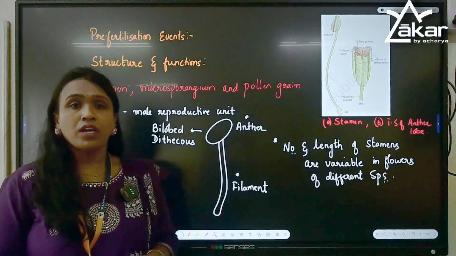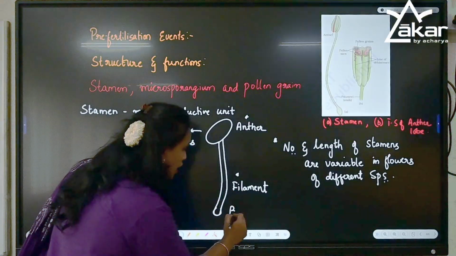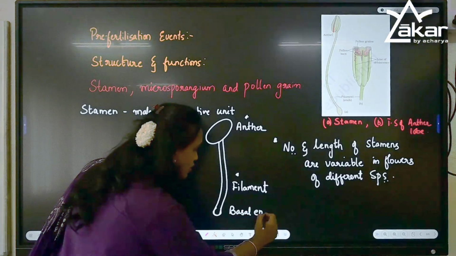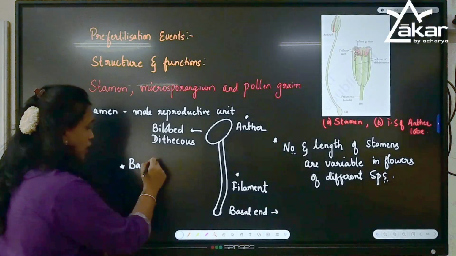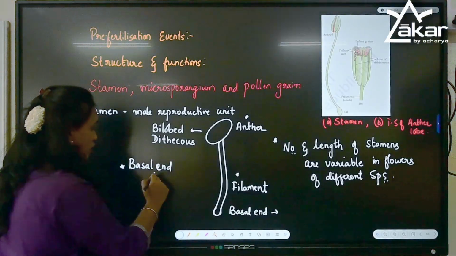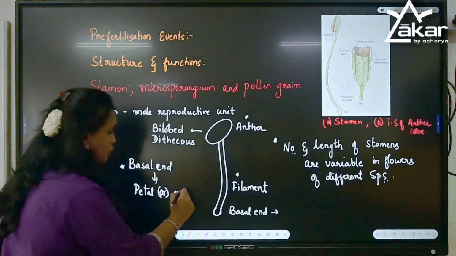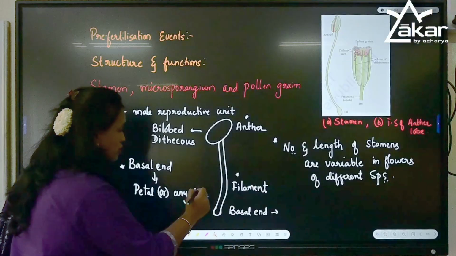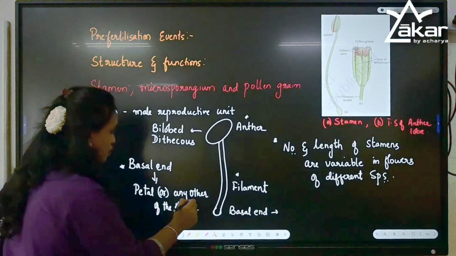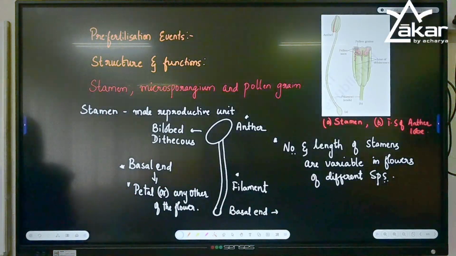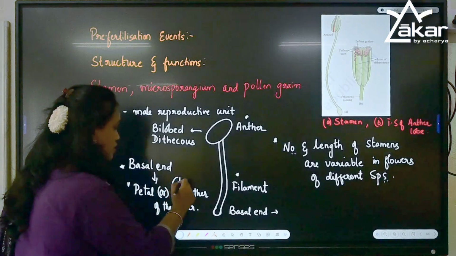Coming to the filament, its basal end is attached to the petal or any other part of the flower, say for example the thalamus.